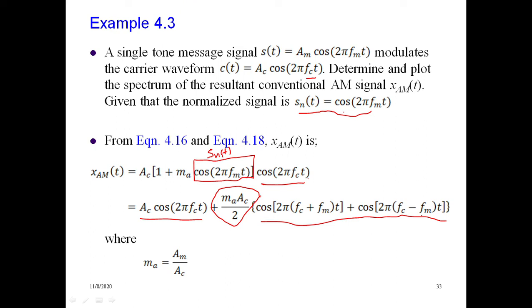Whatever it is, this one will generate 2 deltas, this one will generate 2 deltas, and this one also 2 deltas. And this one is the modulation index, AM divided by AC. Because here they gave you the message S(t) as AM, AM divided by AC is the MA.